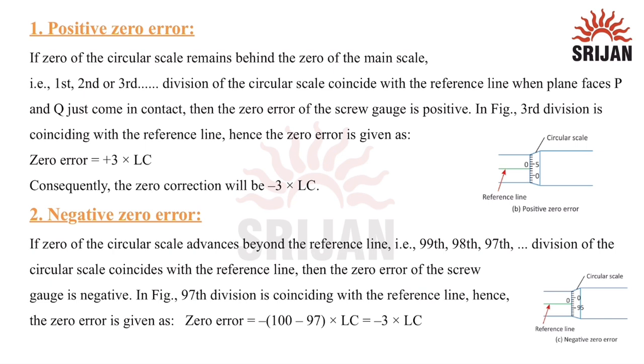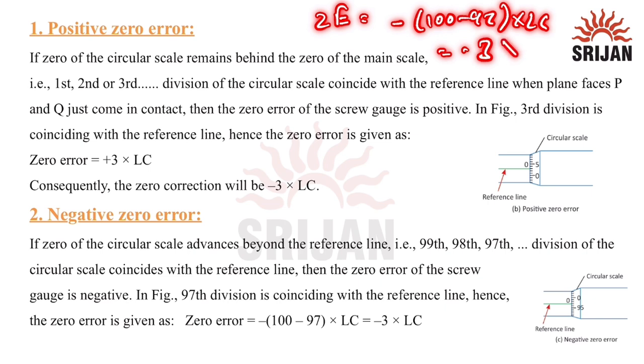In this picture you can see that the 97th division is coinciding with the reference line. So I can easily say that the zero error in this condition is minus (100 minus 97) into least count, that is minus 3 into least count. So the zero correction would be just the opposite of the zero error, that is plus 3 into least count.